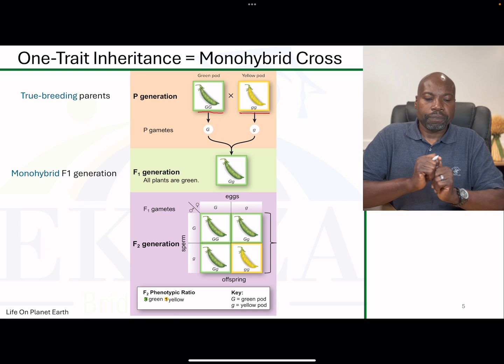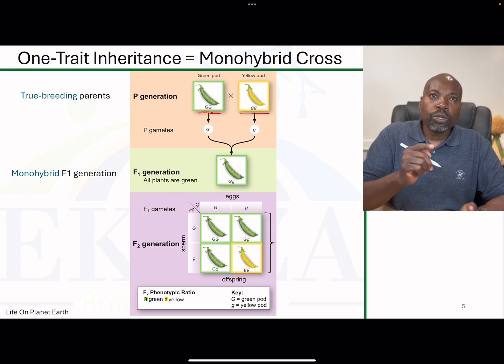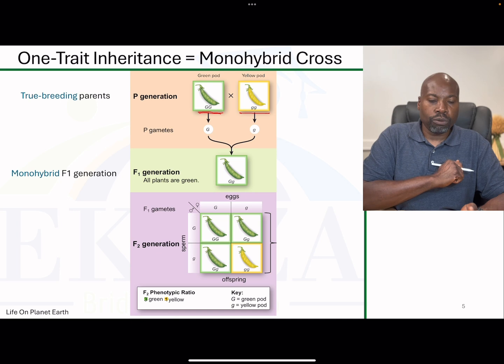For instance, a true breeding for green pods would produce green pods all the time from generation 1 to generation 2 to generation 3, 4, 5, and so on. That would be a true breeding for that feature. And he would do the same thing for the color yellow.